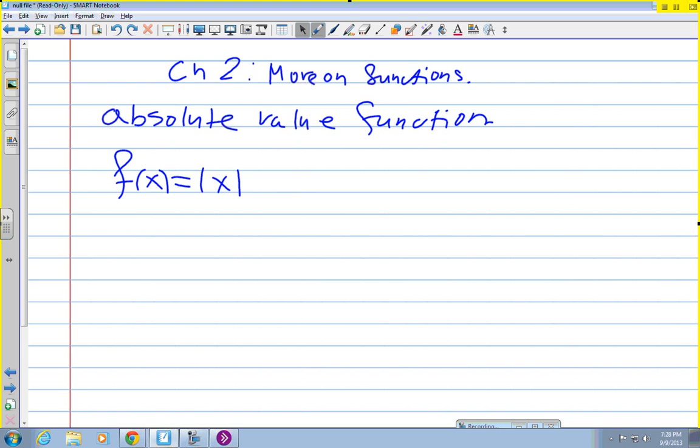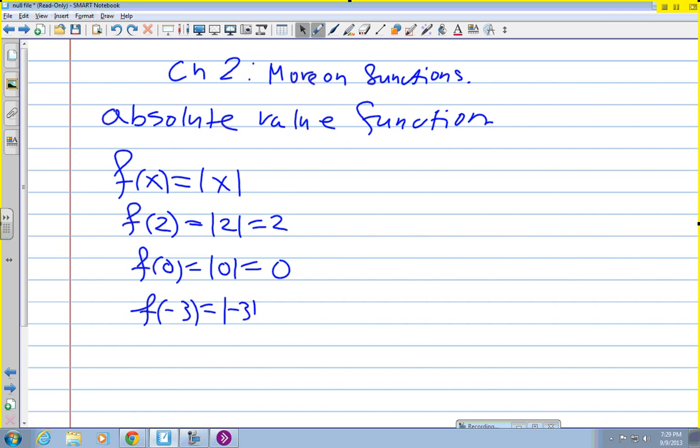I'm going to ask you to compute this function at some point. If I ask you, what is f(2), the absolute value of 2, what does that equal to? 2. What is f(0), the absolute value of 0, equal to? 0. And what is f(-3), the absolute value of negative 3, equal to? 3. Good. Very good. You know your absolute value.